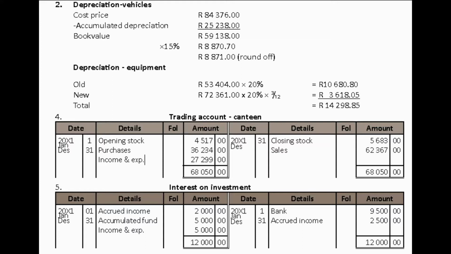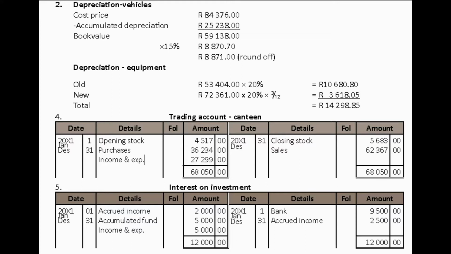We're first going to do the depreciation on the old equipment for the whole year, and then on the new equipment only for the 3 months. So the old equipment, the balance was 53,404 times 20% gives you 10,680.80.